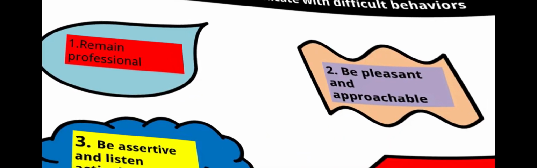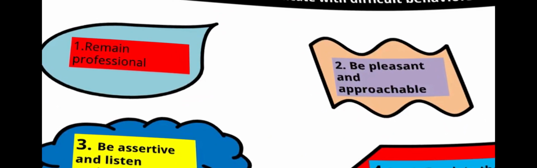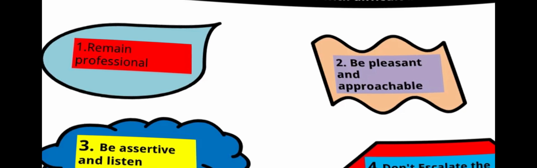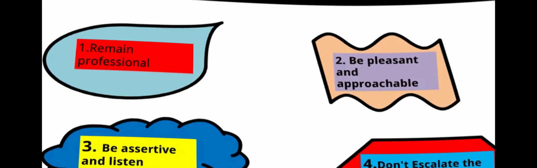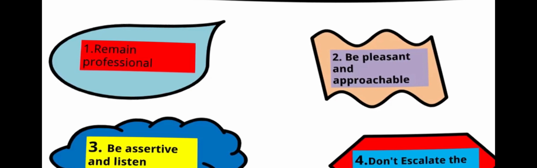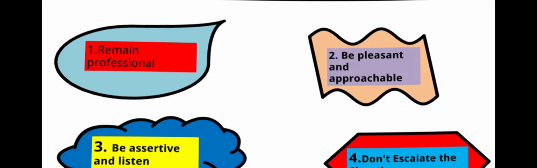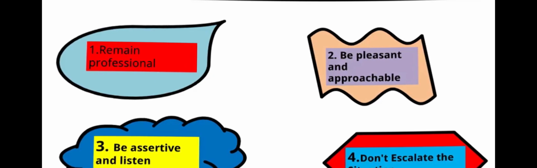Again, it will help you to keep from escalating the situation. That means that you will be neither defensive nor offensive, but you will have only a calm appearance with a respectful tone.